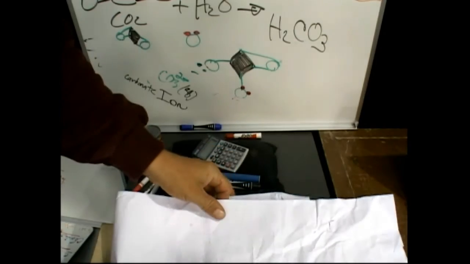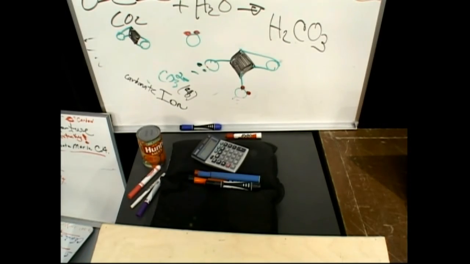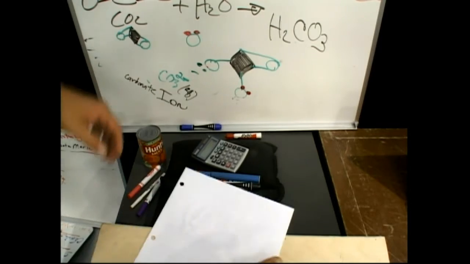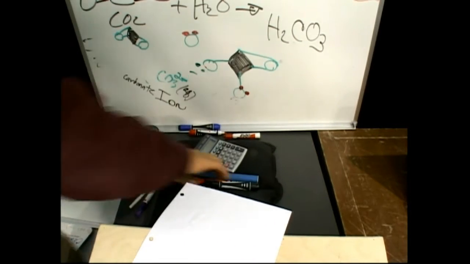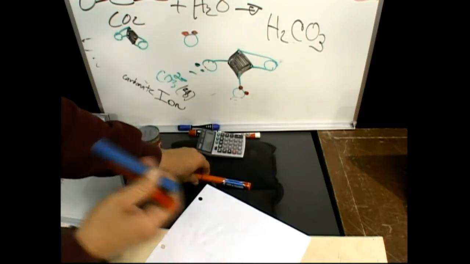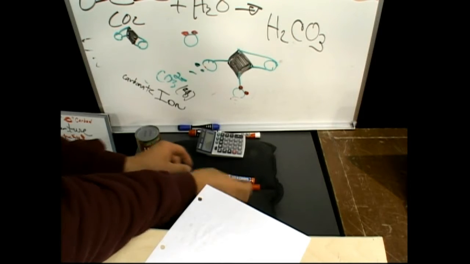We got us some blueprint paper here. Boy, that's a long piece. I shouldn't waste it, should I? Carbonic acid. Watch this, kids. So the new markers we found in the dumpster here.